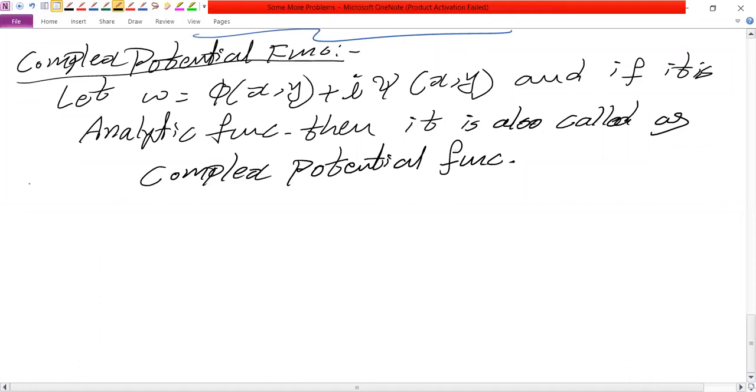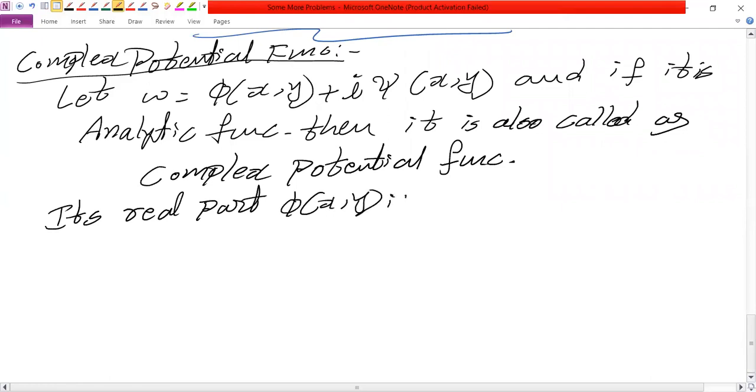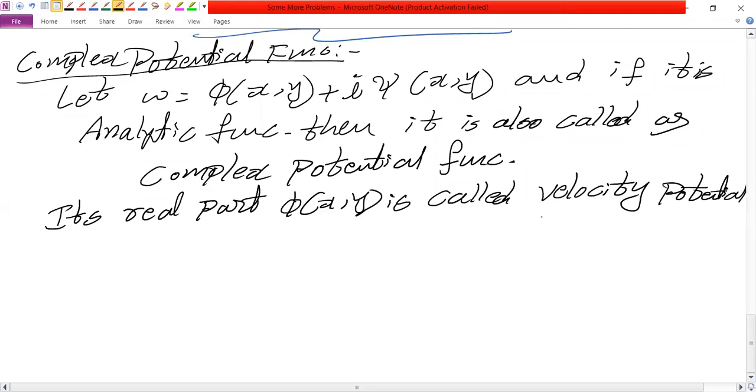What is its real part? Its real part, phi of x, y, is called the velocity potential function.